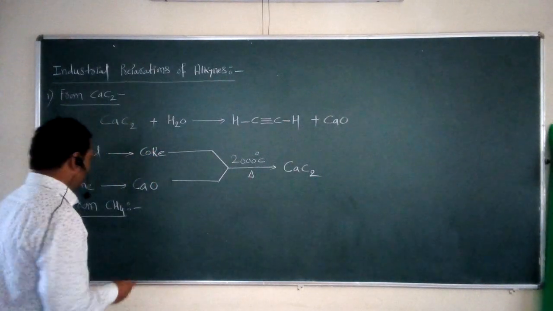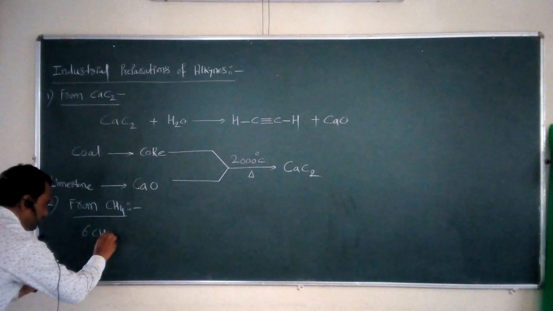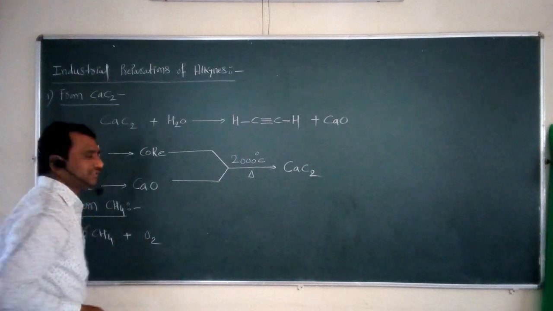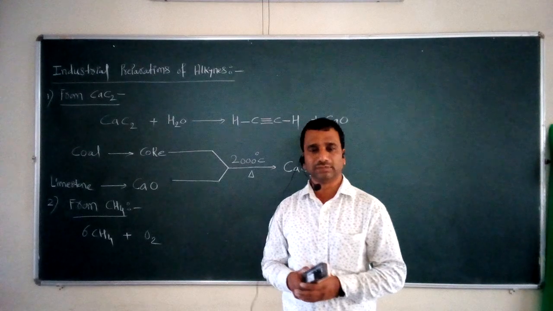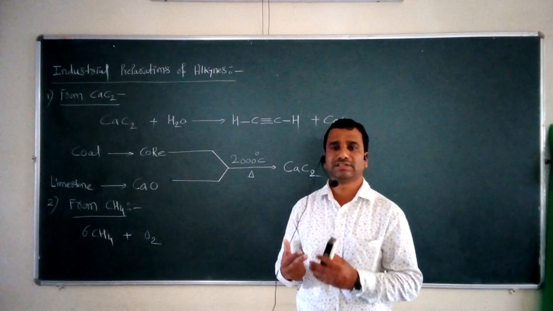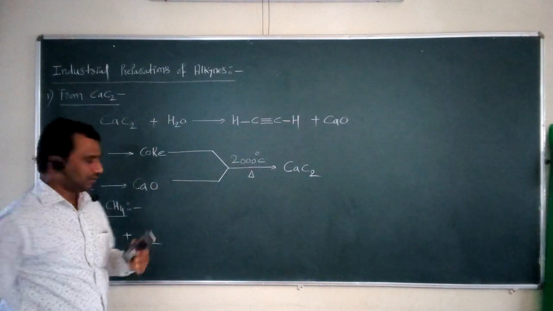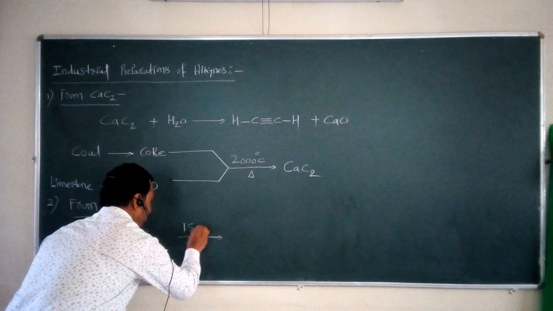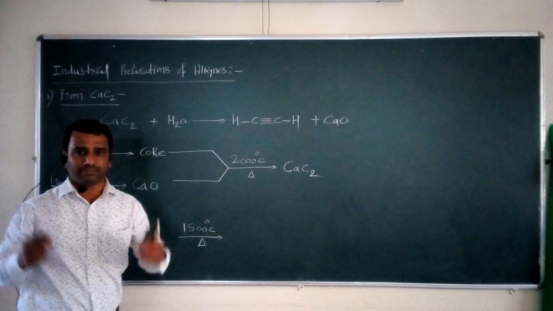What happens? We have to take 6 moles of methane plus oxygen, which means we carry out the partial oxidation of methane at a temperature range of 1500 degrees centigrade.